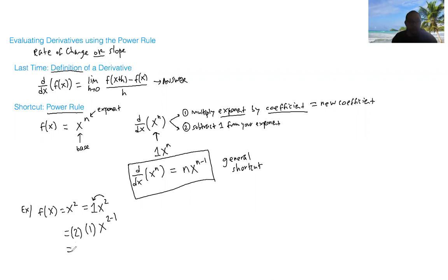So here you're going to get 2x to the 1. X to the 1 is the same thing as x. So this is going to simplify to 2x, okay? And so this is the derivative with respect to x of your function x squared. Okay, let's do another one just to try to catch the pattern here.